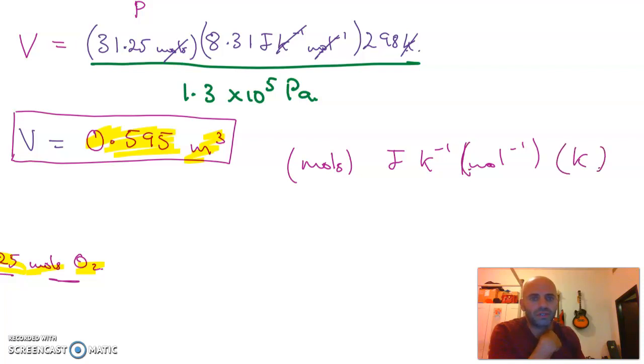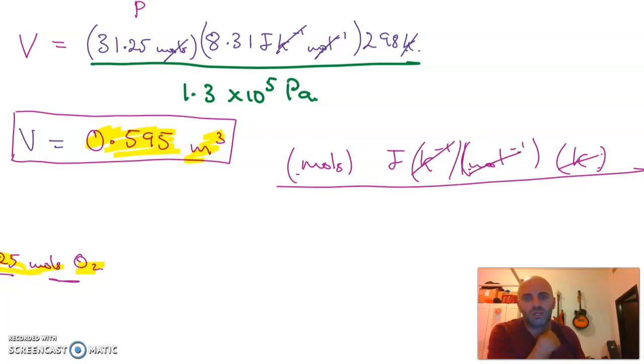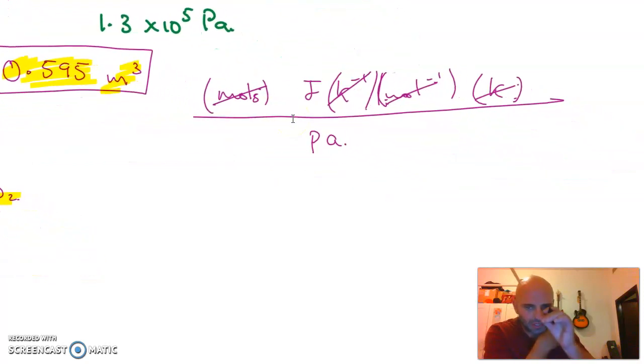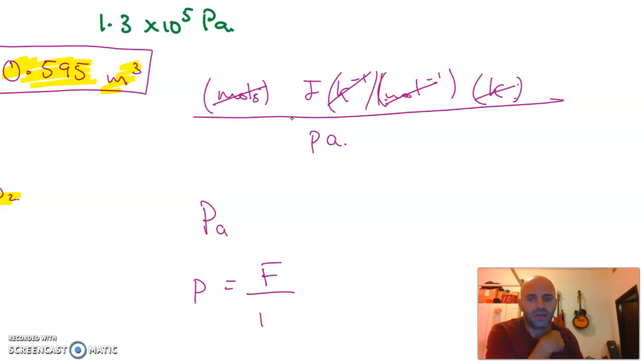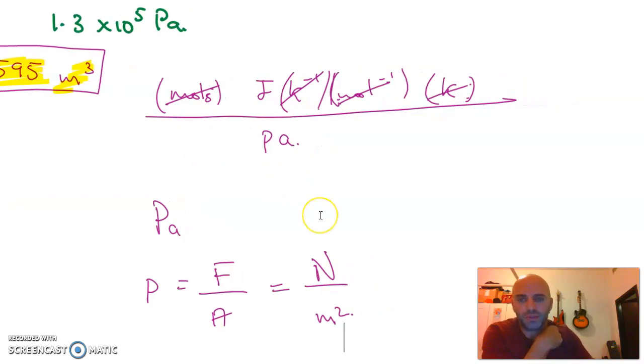Kelvin is above the line, that one disappears with this one, and the moles cancel with that moles over there, so that gives me joules divided by pascals. Now it's important to understand that the pascal is a unit of pressure, and pressure is force divided by area, so that's newtons per meter squared in base units.